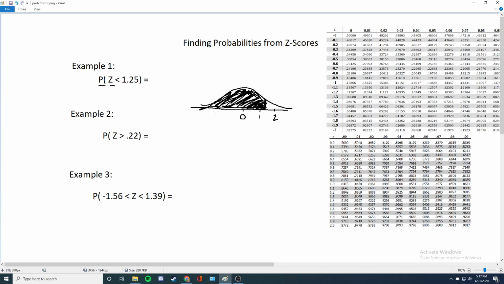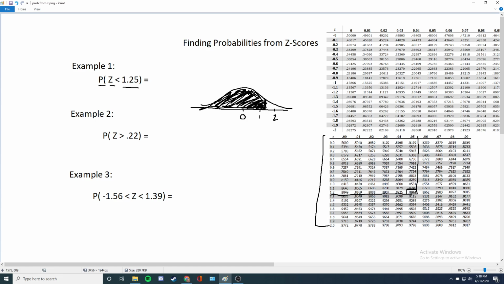Now, in order to do that, we can use the z tables, because these tell us the area to the left of that z-score. So if we take this 1.25 and find it on the bottom table here, because these are the positive values, we have 1.2, and then we go all the way over to 0.05. So here is our 1.25, this 0.8944.